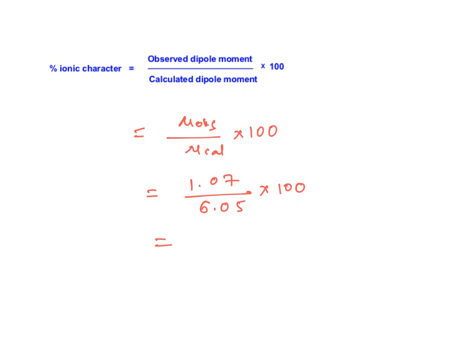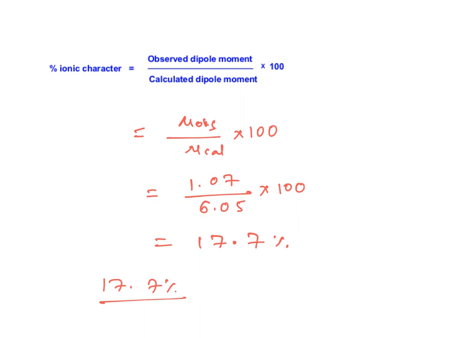If you do this calculation, we get 17.7. So the ionic character present in the HCl molecule is 17.7%.